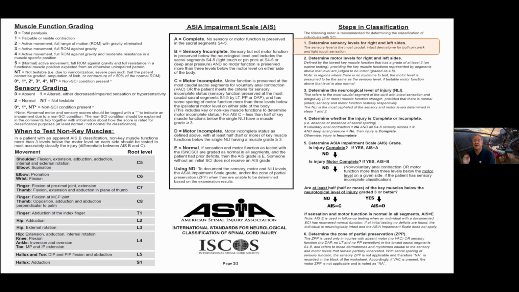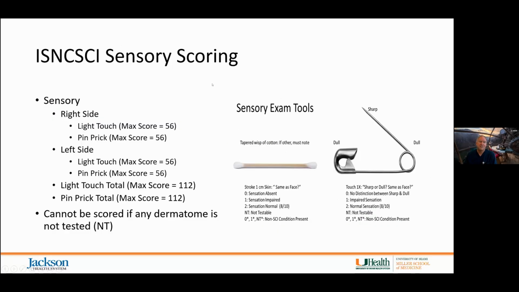Now I want to go through the different steps in classification for the ISNCSCI determination. So again, for our sensory scoring, we have a maximal score of 56 on the right side, 56 on the left side for upper and lower light touch as well as pinprick.